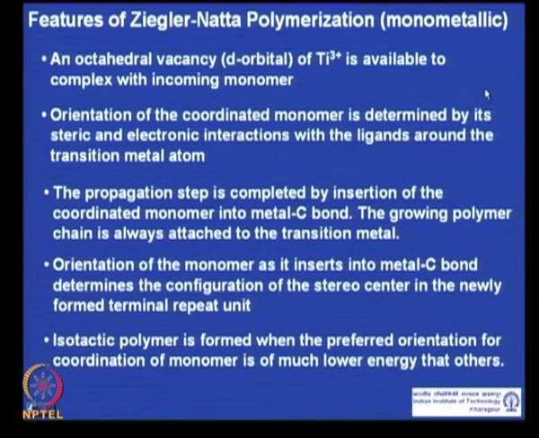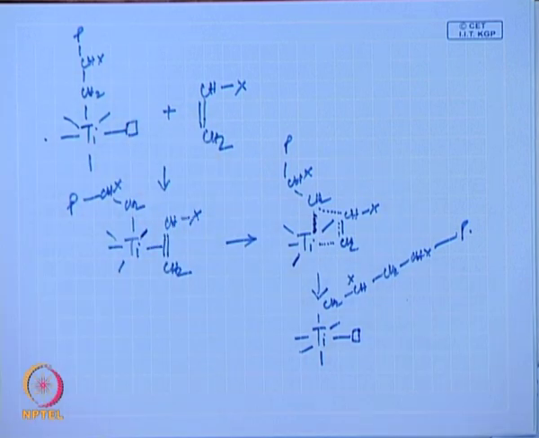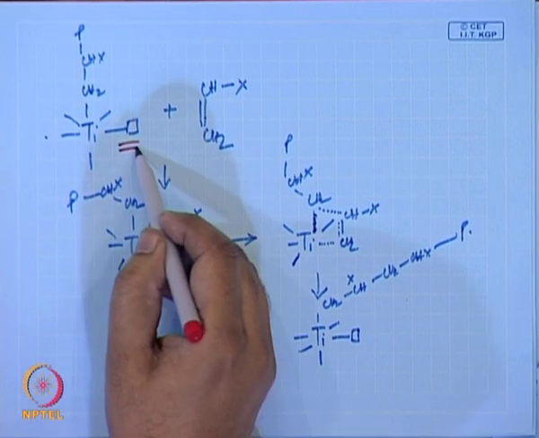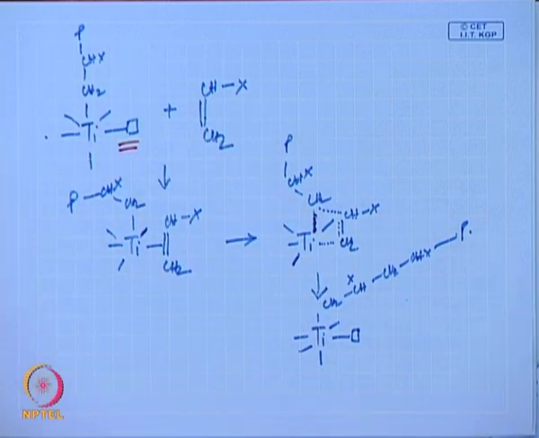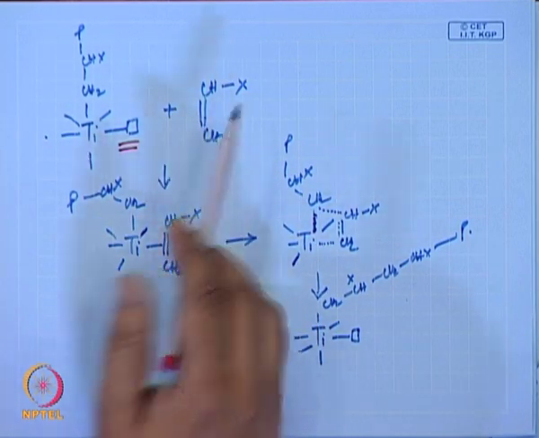Basically, an octahedral vacancy, which is the d orbital of titanium 3 plus, is available to complex with the incoming monomer. So, in this case there is a vacant d orbital which is available for complexation with the incoming monomer.